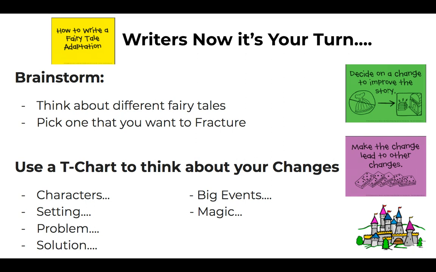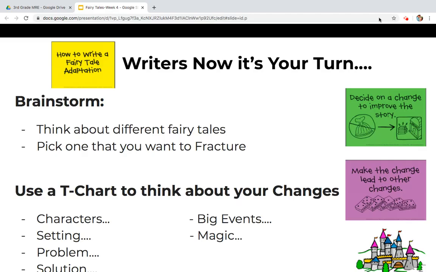So some of the things you're going to think about are your characters, your setting, your problem and solution, those 3 big events that create the story, and then the magic that happens. So go ahead and get started with this, and you can see more examples of this in your choice word for the week.